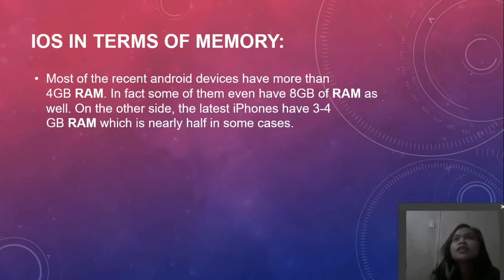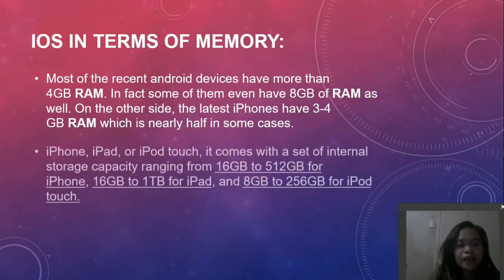I know that the iOS has lower RAM if we compare it to the Android, but it doesn't mean that the performance of the iOS is worse or slow. Okay, we should not judge it by that.